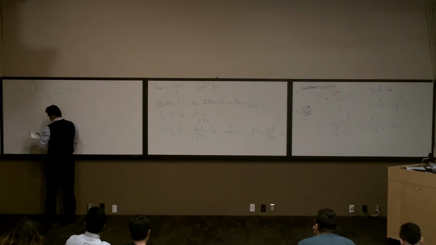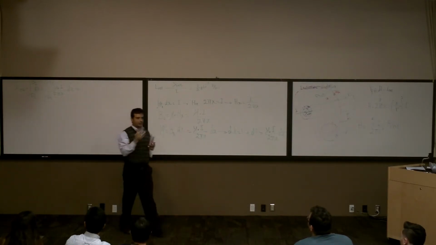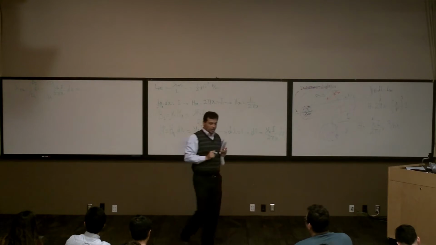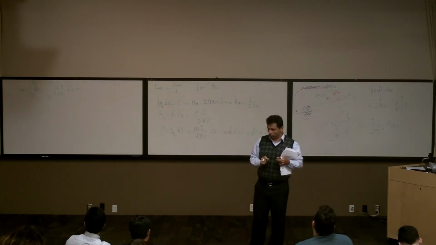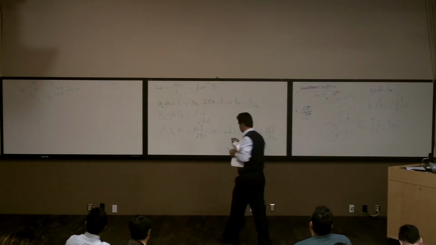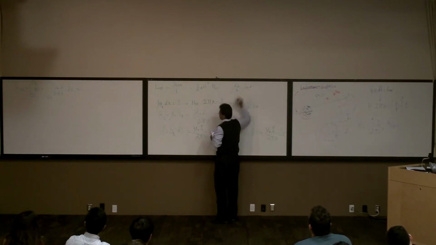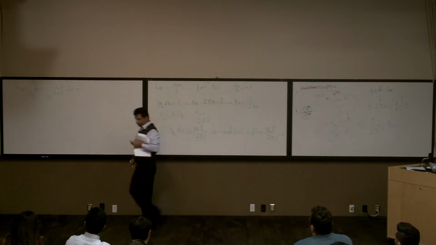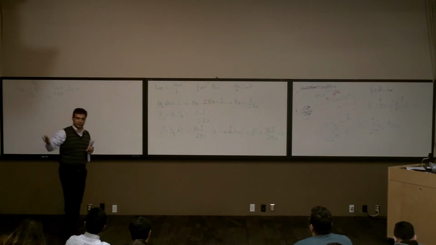If you do this calculation, mu0 I and 2 pi are constants, so they all come out of the integral. The integral of dx over x is ln of x, right? You know this one from calculus. So you don't need to learn this. I say I don't want to jump to the conclusion.